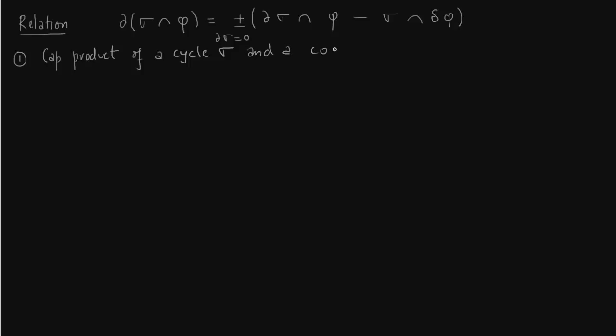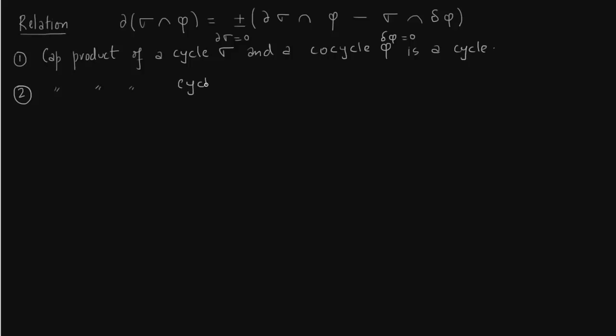So sigma cap phi, where sigma is a cycle and phi is a co-cycle, so delta phi is 0. This means the term sigma cap delta phi is 0. Therefore, if you take a cap product of a cycle and a co-cycle, delta of that is 0 because the right hand side is 0.